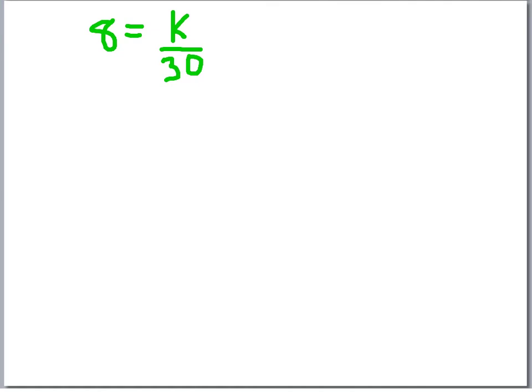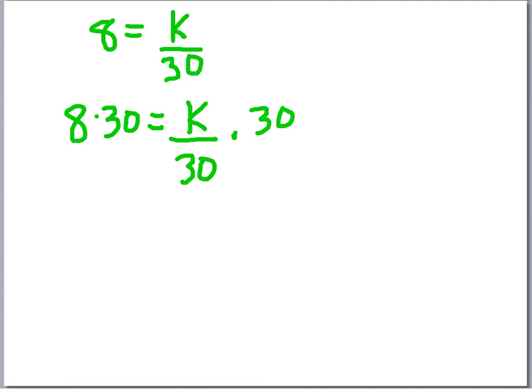So how do we get rid of that divided by 30? We're going to do 8 times 30 is equal to k divided by 30 times 30. So those will cancel out and we'll be left with just the variable k. And then 8 times 30 would be 240.